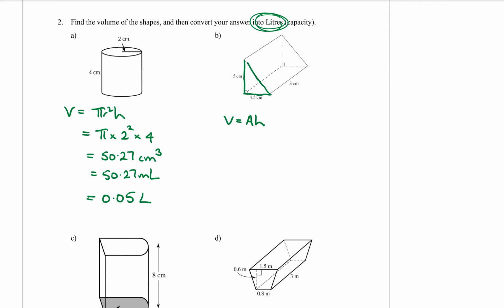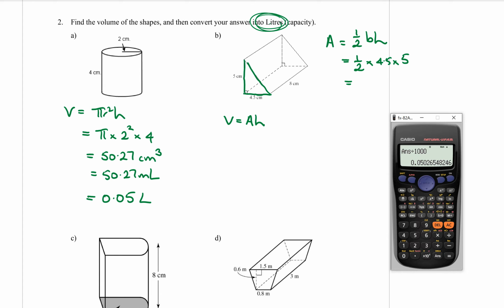So in this case, it's a triangle. So over here on the side, I want to find the area of a triangle using the formula A equals half base times height. So for mine to substitute in, A is equal to half times the base, which is 4.5, times the height, which is 5.